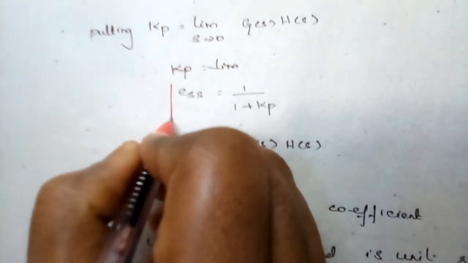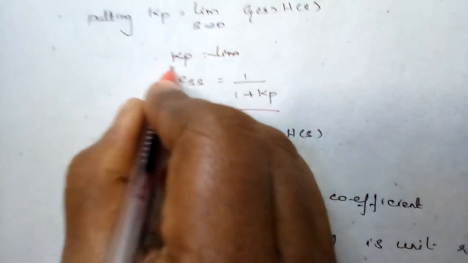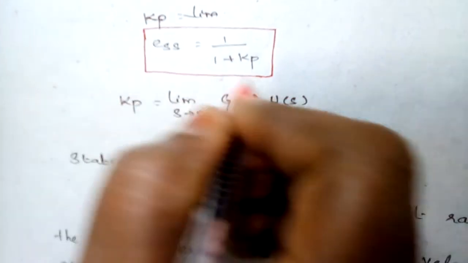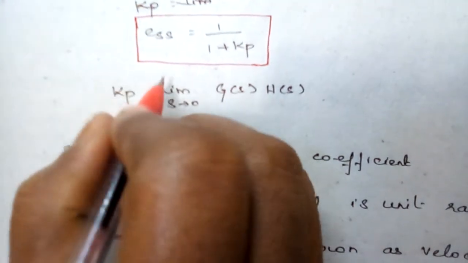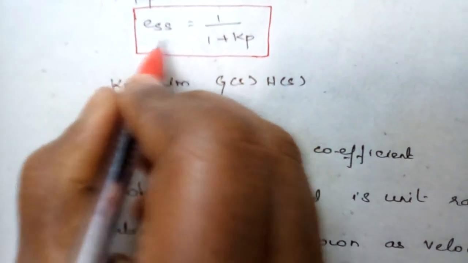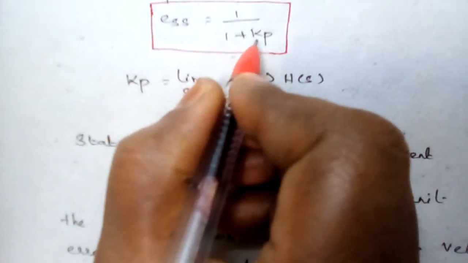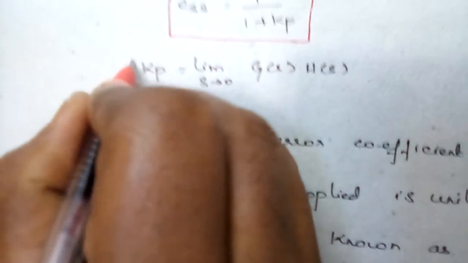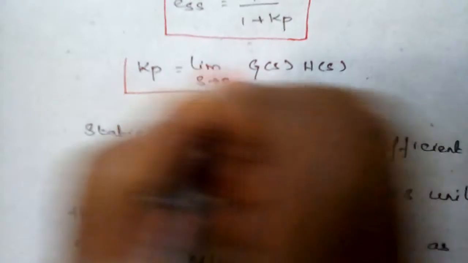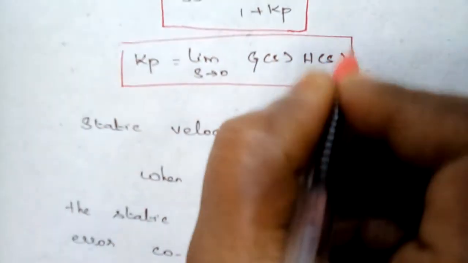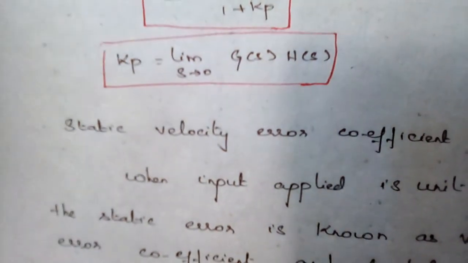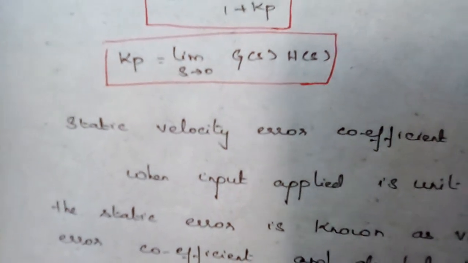My steady state error for the step input 1 by s is then ESS equal to 1 divided by 1 plus Kp. So Kp is nothing but limit s tends to 0 of G of s H of s. This is the error coefficient for the positional error.